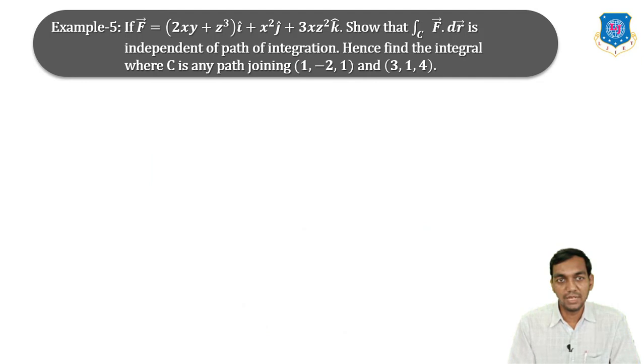Now we are going to find, since it is independent of path, so you have f bar is equal to grad phi, and we have to find the scalar potential phi.